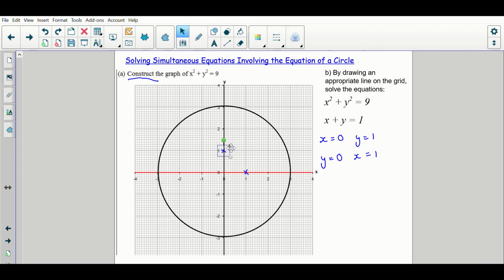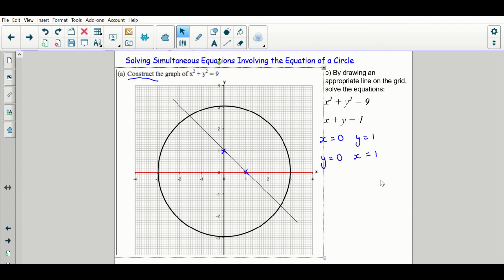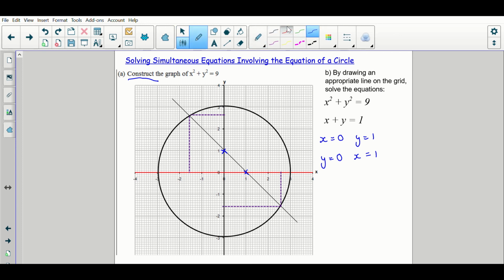And if I draw that line in, I get the line x plus y equals 1, and then to find the solutions to the simultaneous equations, I need to find the coordinates of where the two graphs intersect.